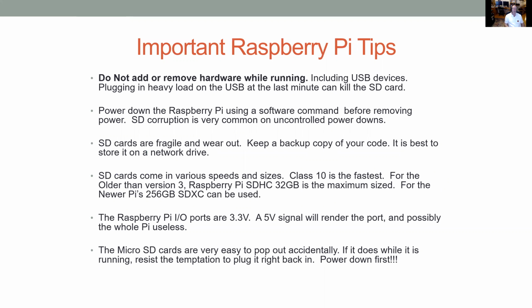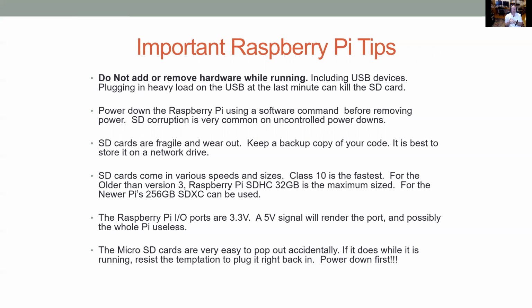And of course, the best way to power down your Raspberry Pi is through the software command. You can either do it by GUI on the screen or sudo poweroff, and that will both power it down. Because if the SD card is writing and the power goes down unexpectedly, it can corrupt it.